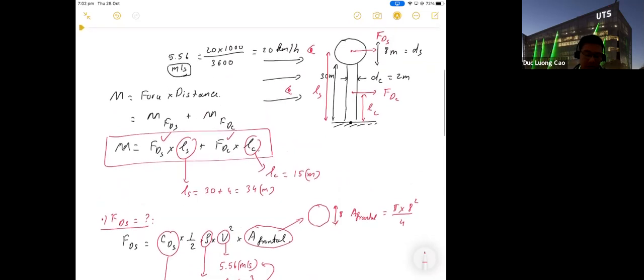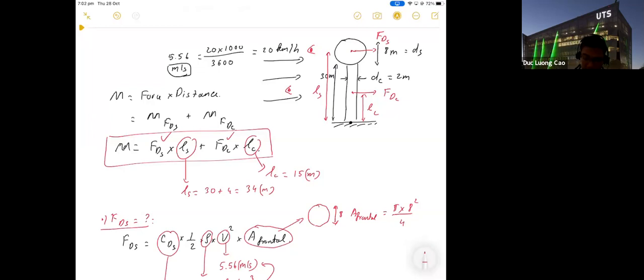Now you see the moment equation. You have FDS, you have LS, the distance from the force FDS to the ground, which is 34 meters. FDC is the force applied to the cylinder, and LC is the distance from the force FDC to the ground, 15 meters.